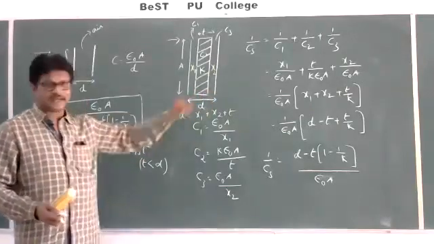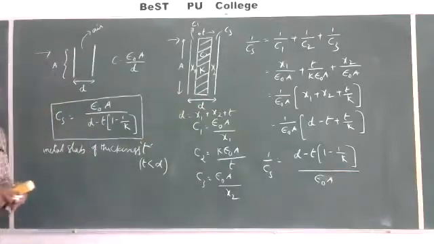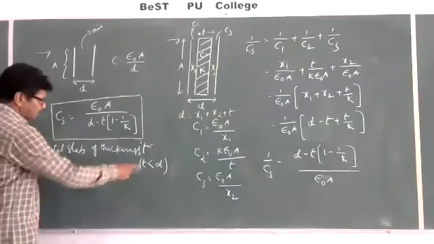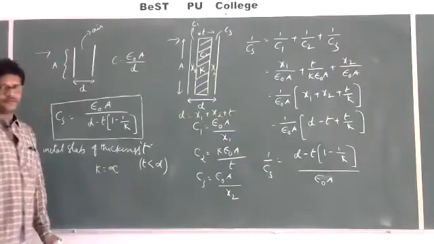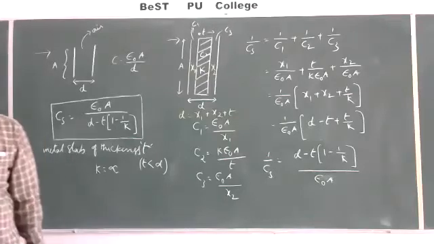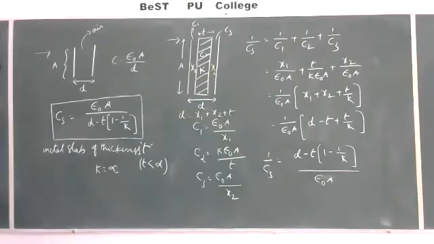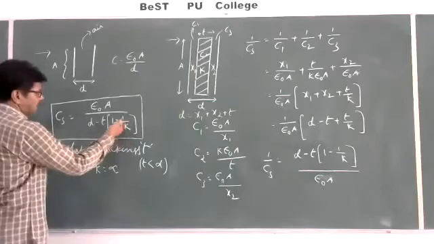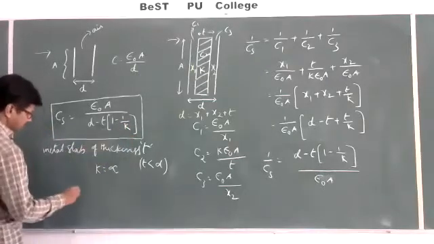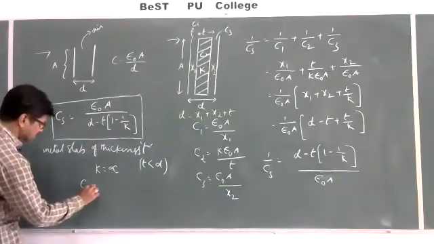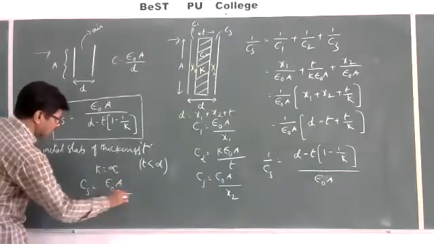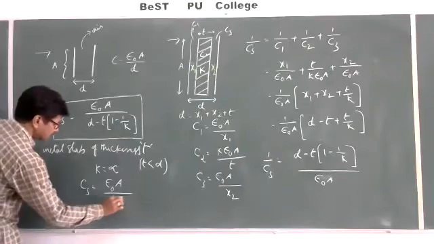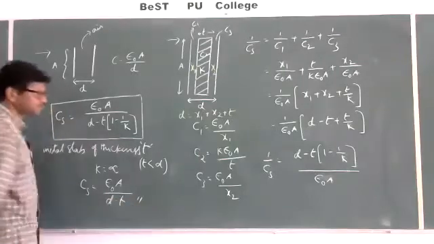Here T is lesser than D. As we know, for metal the value of K is equal to infinity. If I take the K value as infinity, then the capacitance of that capacitor will be equal to epsilon naught A by D minus T.